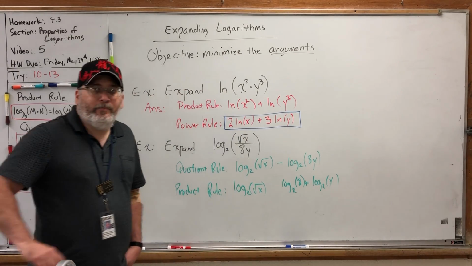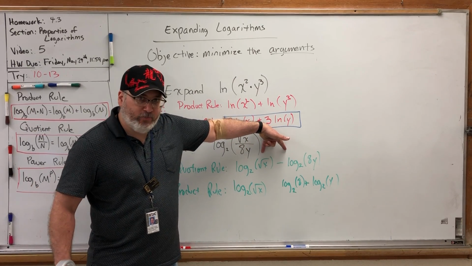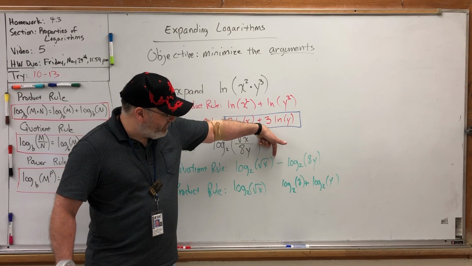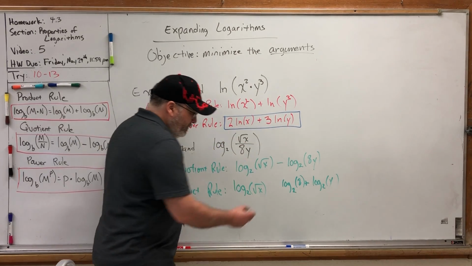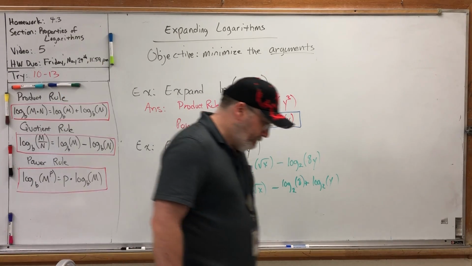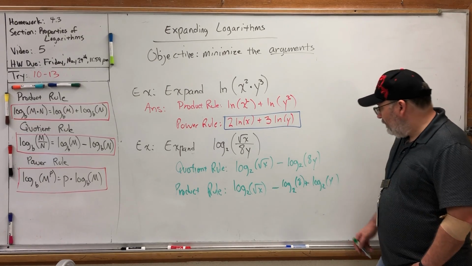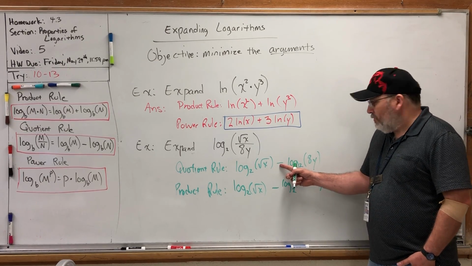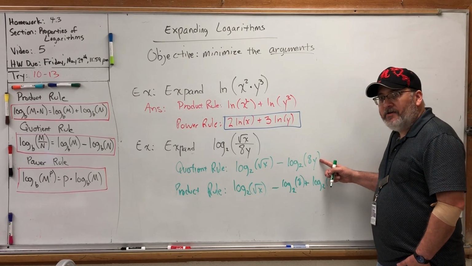But here's the trap. One was between these two logarithms before I used the product rule. A subtraction. Guess what needs to go here? A subtraction. But guess why what I have written is wrong? Think about it. This subtraction, or negative if you will, belonged to log base 2 of 8y.